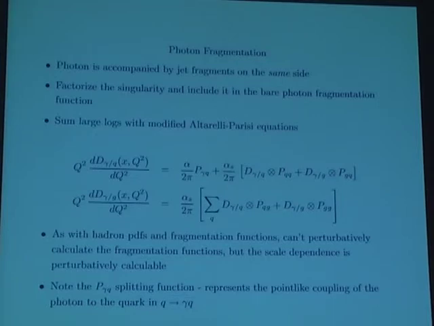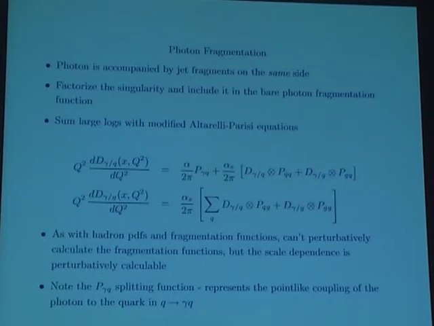And this gets us into an aspect of photons which may be surprising at first sight. Most people think of the photon as just interacting in a point-like manner with charged particles, either electrons, positrons, muons, or quarks. But in point of fact, the photon can interact hadronically as well.